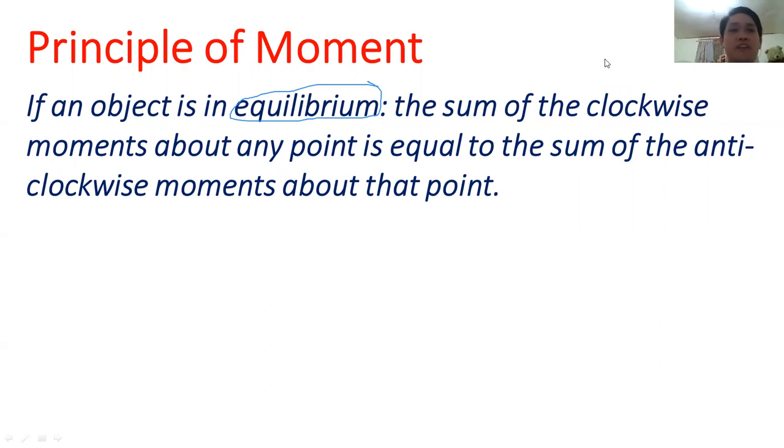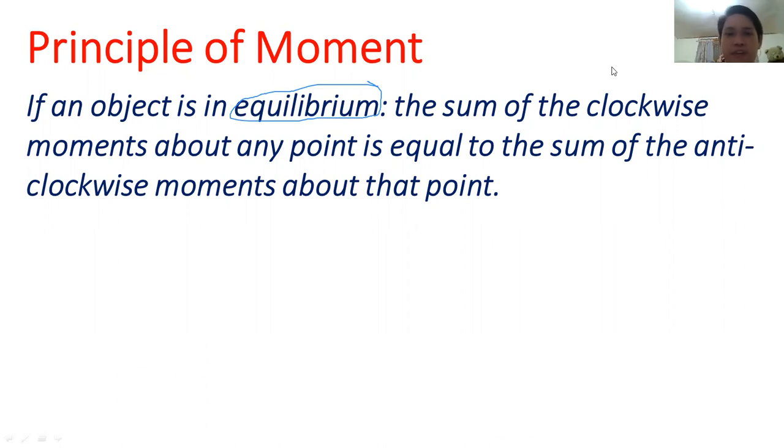So the principle of moment also states the concept of equilibrium. Again, what will happen if an object is in equilibrium according to the principle of moment? The sum of the clockwise moments is equal to the sum of the anti-clockwise moments.